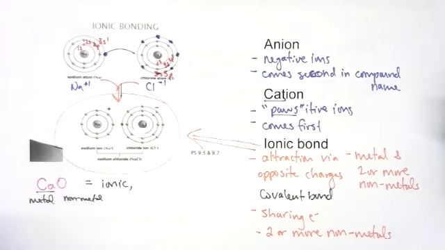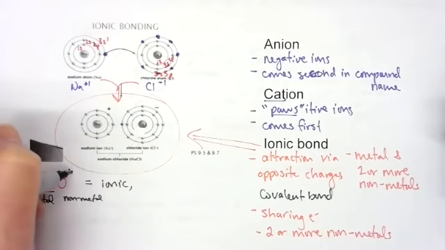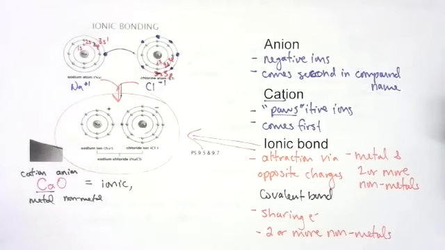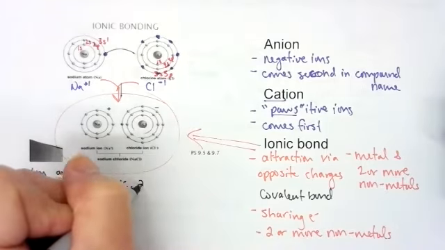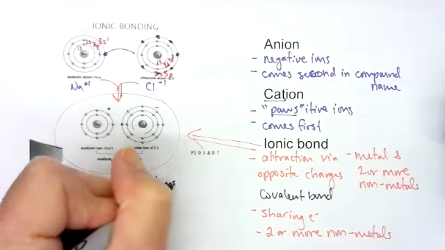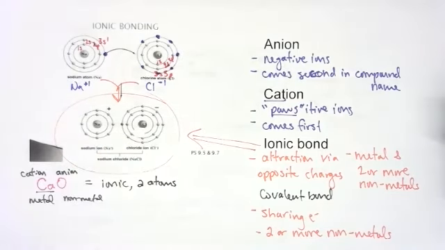My cation is calcium, and my anion is the oxygen, which we're going to learn is called oxide. I have 2 atoms, 1 anion and 1 cation.